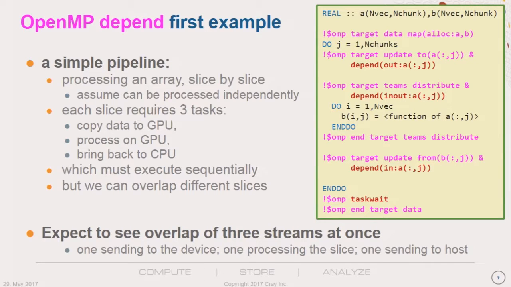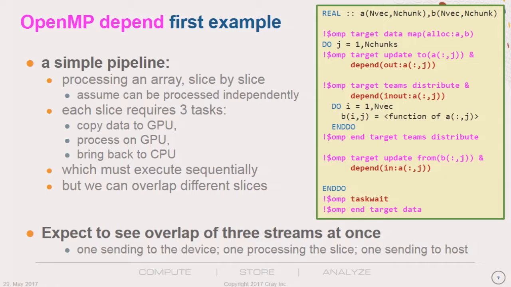We define our data here with the alloc statement, A and B. Then, for example, in the update clause, we say we have a dependency of out on A since we updated A, and then we define a new kernel here, which has the dependency of in on A. So A has to be updated first before this kernel can be executed, and the next kernel can just start if the first kernel finished.